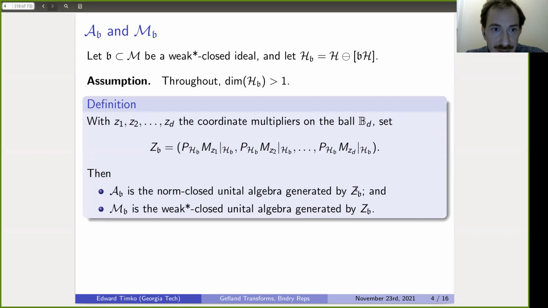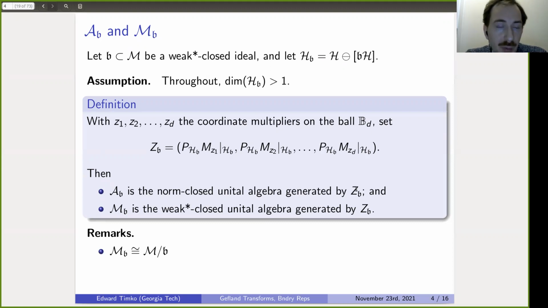So when B is taken to be, for example, the zero ideal, A_B is the Drury-Arveson version of the disk algebra, as it were, and M_B just becomes the multiplier algebra in that particular case.